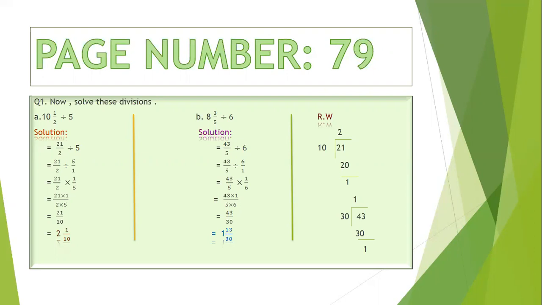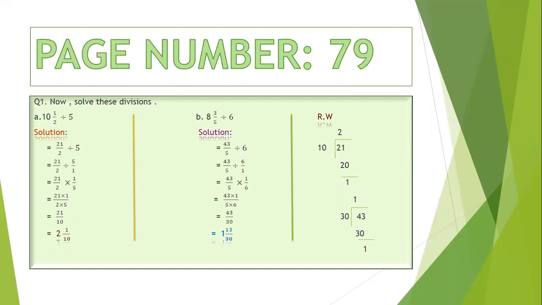Now change the division sign into multiplication and take the reciprocal of 5 over 1, which is 1 over 5. 21 over 2 multiplied by 1 over 5. 21 and 1 are in the numerator and both 2 and 5 are in the denominator. 21 over 10. And after converting to a mixed fraction, we have 2 whole number 1 over 10.